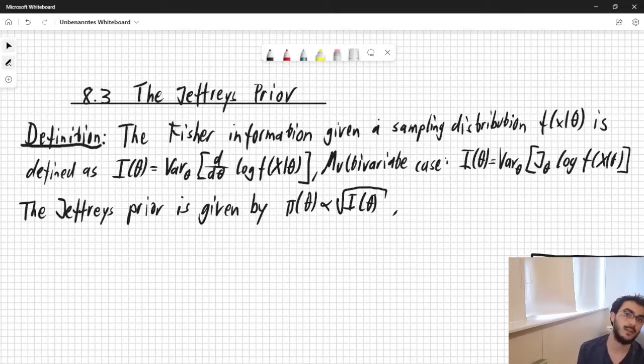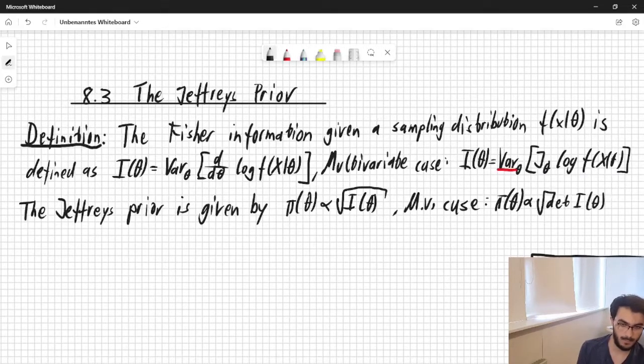Because this here is the variance covariance matrix. It's a matrix. The Jeffrey prior, I should say more precisely, the process of choosing the Jeffrey prior is invariant under reparametrizations.